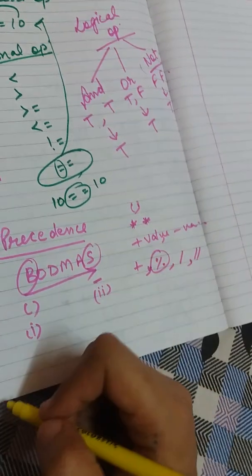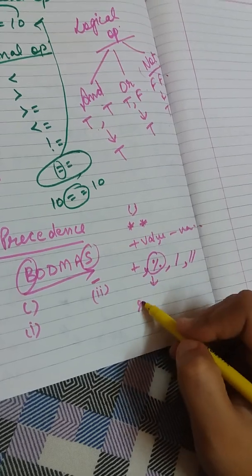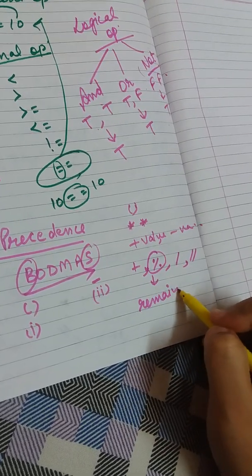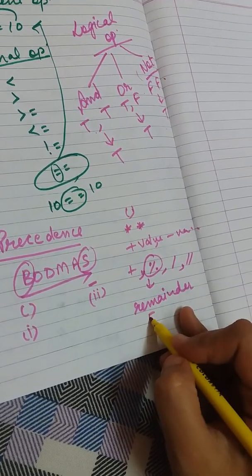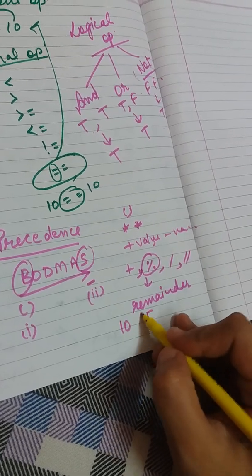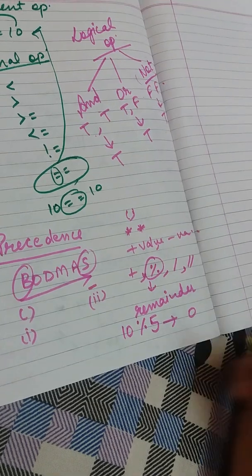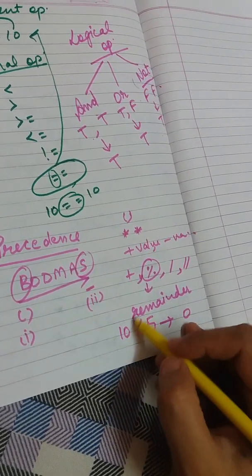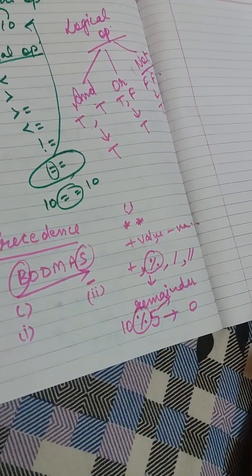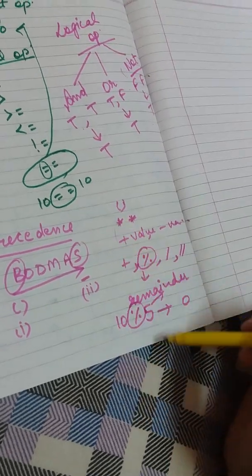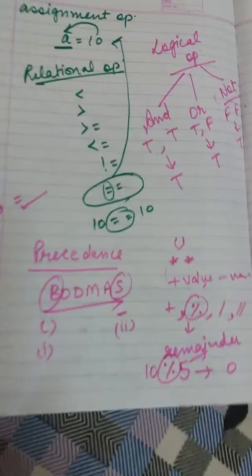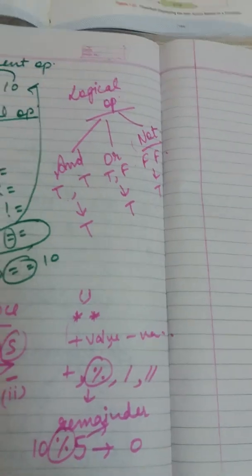Now what is this mod here? This is going to give you the remainder. For example 10 mod 5, the answer is going to be 0 because it is completely divisible. So this will give you the remainder. So precedence of operators you have to learn from the table which is given in your book, right?